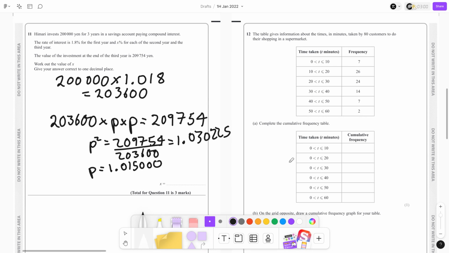Now, if we just look at this and this, that was 1.8%. So this is 1.5%. So our X is actually 1.5 to 1 decimal place. It's that much percent.